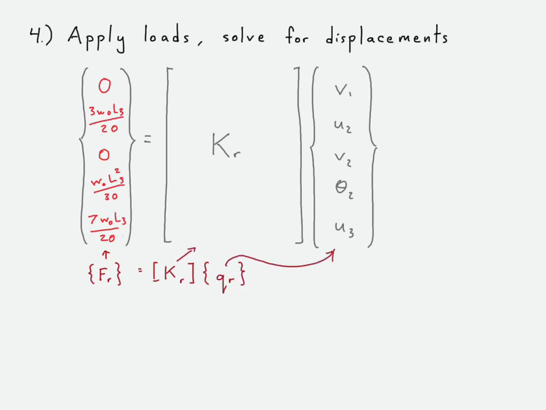And so we'll write the equation that we have here in this matrix notation. And we'll invert that reduced stiffness matrix to figure out what our displacements are. And this inversion here, when you use a commercial software with a lot of nodes, a lot of elements, that's what takes all the time. Okay.